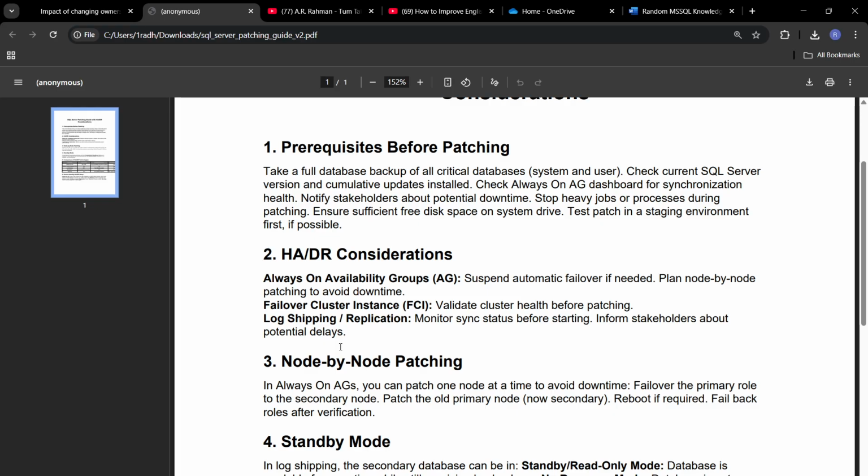So there will be no data loss, and it is used for high availability. For patching, monitor the sync status before starting, and inform the stakeholders about any potential delay that may occur.